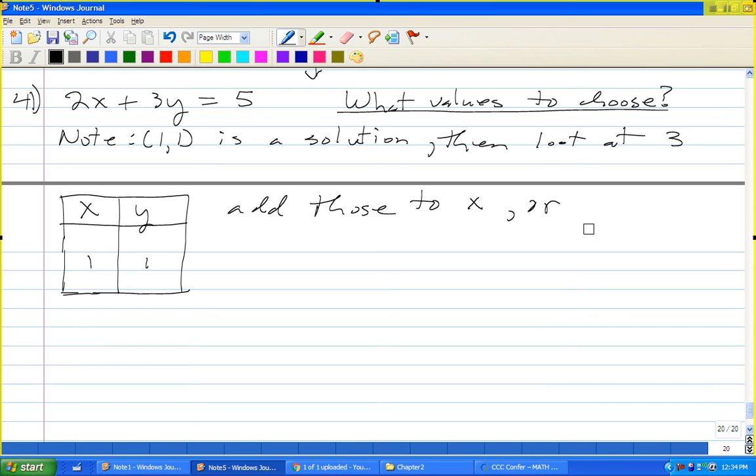Or I could have looked at the number in front of x, which is 2, in which case I would have added and subtracted the 2 to the x.